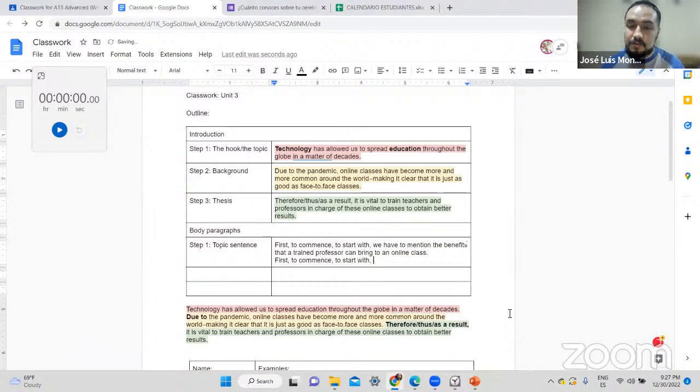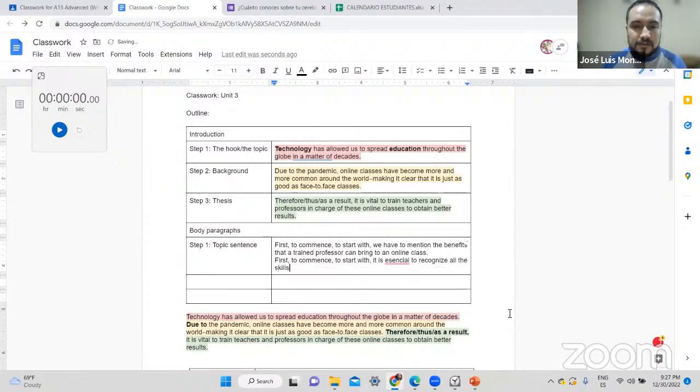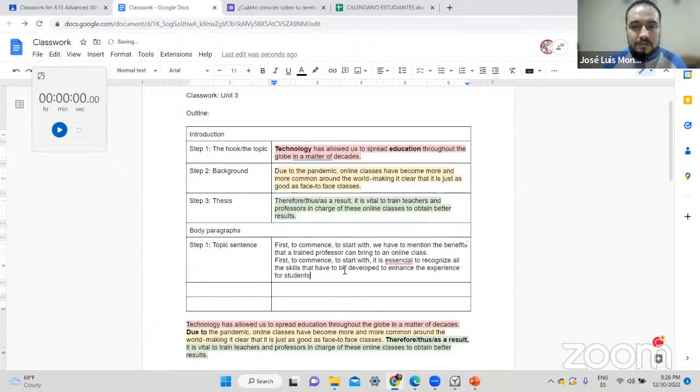First, to commence, to start with, it is essential to recognize all the skills that have to be developed to increase or to enhance the experience for students in online classes. Okay, so that's my idea now.